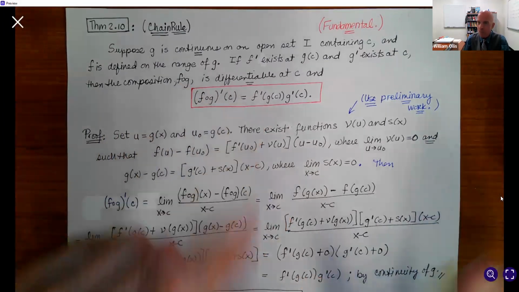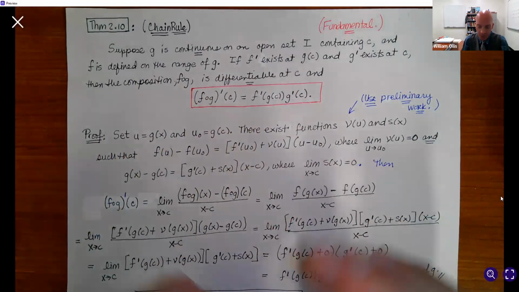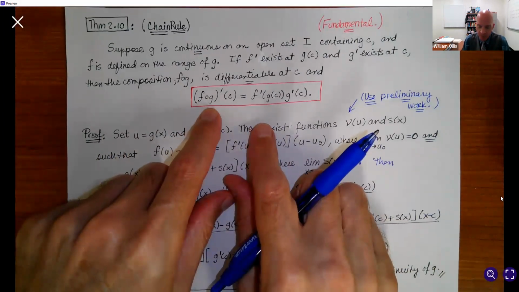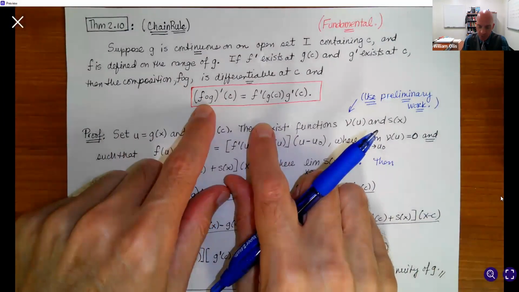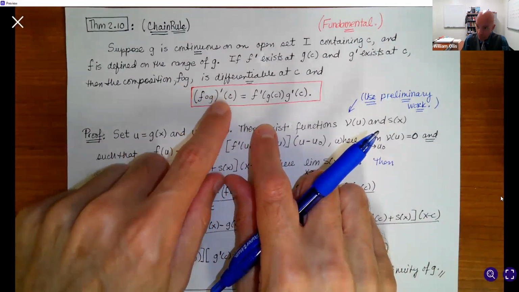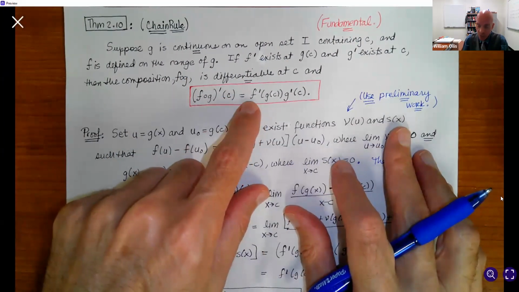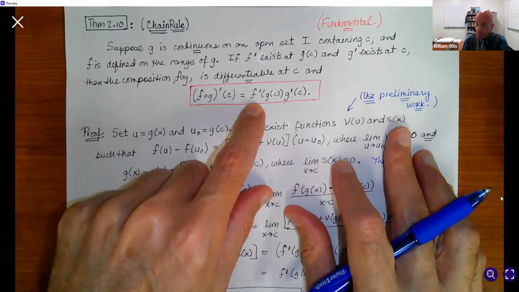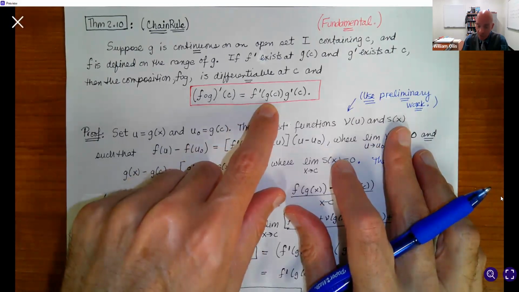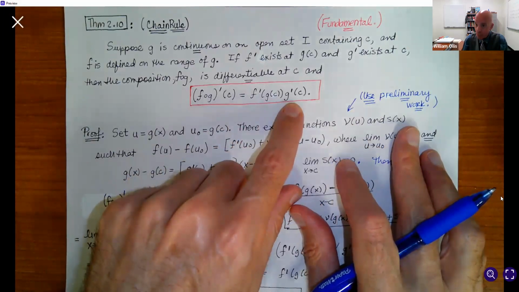And here's the beautiful part of the theorem. I would say this is probably easier to remember, even though I said the product rule and quotient rule are easy to remember. When we take the derivative of the composition, that is f composed with g prime, the derivative at c, we just have the derivative of the outer function evaluated at g of c, times the derivative of the inner function.